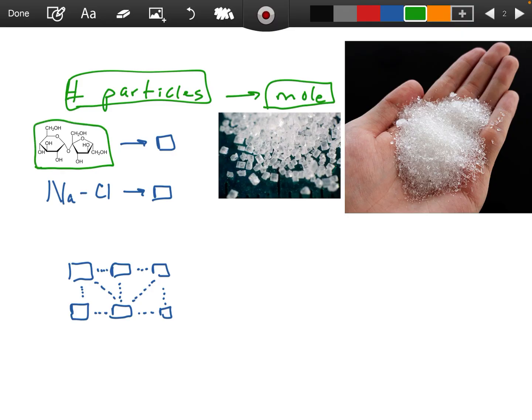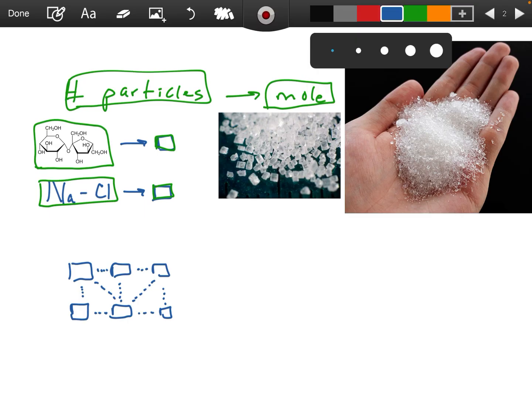This is a sugar molecule. I'm just going to refer to that as a square. This is a salt molecule. I'm just going to refer to that as a square also. So whether you have a sugar molecule or a salt molecule, here you have some crystals of the salt, and this is the sugar. Each of those crystals is made up of gazillions and gazillions of molecules.